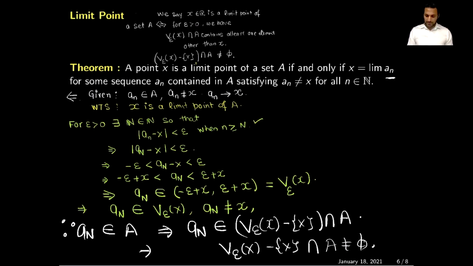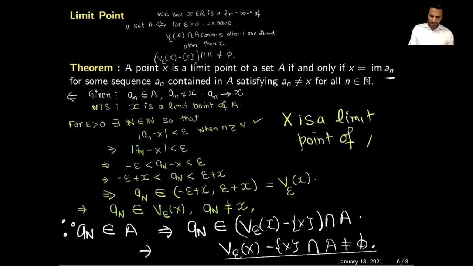And basically this is the definition of a limit point. So this proves x is a limit point of A, and this completes the reverse direction of our theorem.